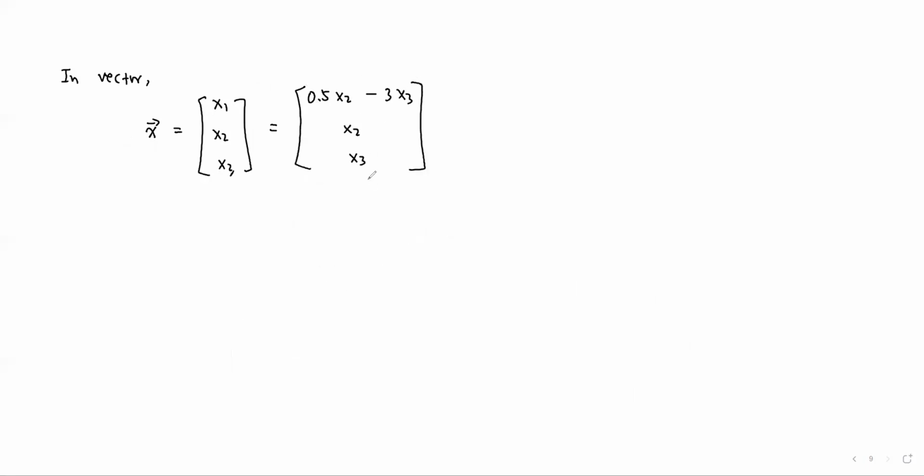Now split this vector into a sum. First vector: 0.5 x2; the second entry has an x2; the third entry has no x2, so put 0. Then plus the second vector, which is about x3: the first entry is minus 3 x3, the second entry has no x3, so put 0, then x3.